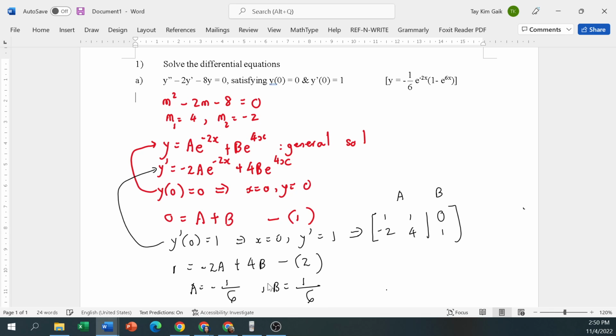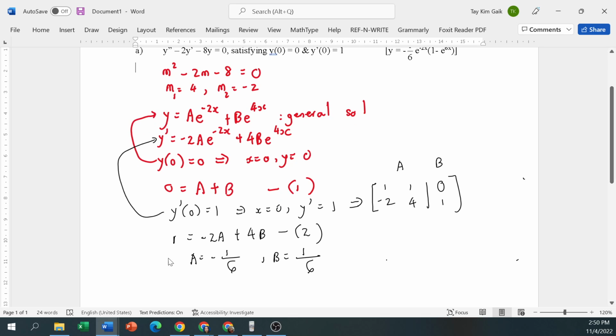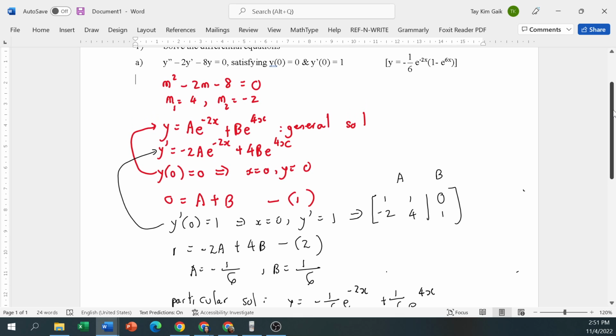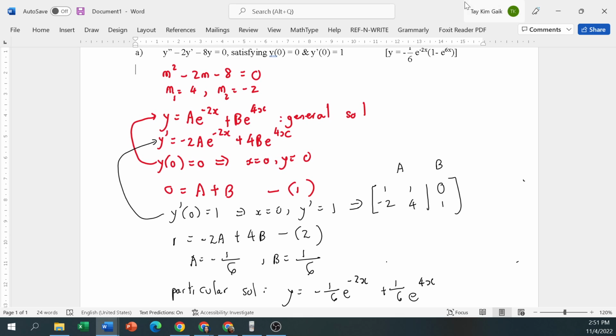So plug a and b back in, you obtain the particular solution. Your particular solution: a is negative 1 over 6 e to the negative 2x, b is positive 1 over 6 e to the 4x. We got the solution here.